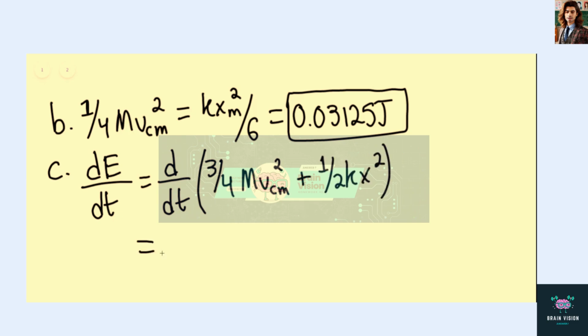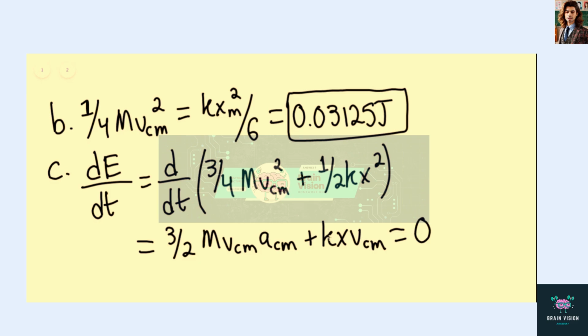And we find that this is equal to 3/2 m v_cm a_cm plus k x v_cm. We're going to set this equal to 0.